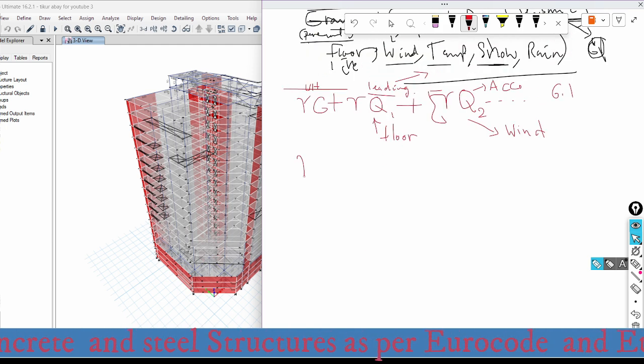Now here gamma, we can take as 1.35. So the first combination, considering 6.1, that means the fundamental combination, is 1.35 times the permanent load, plus 1.5 times the live load, that is the floor live load.